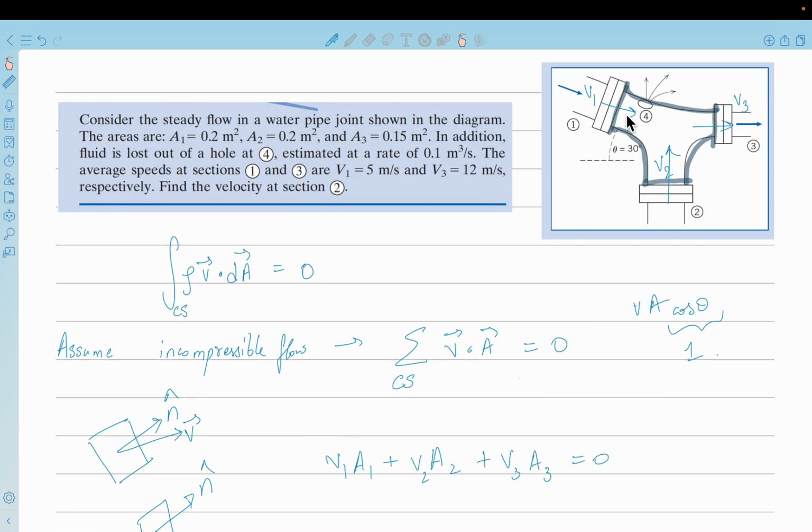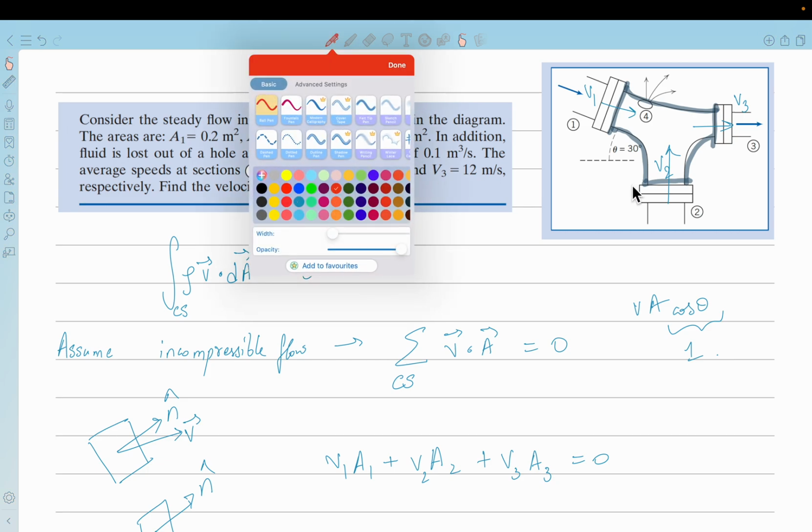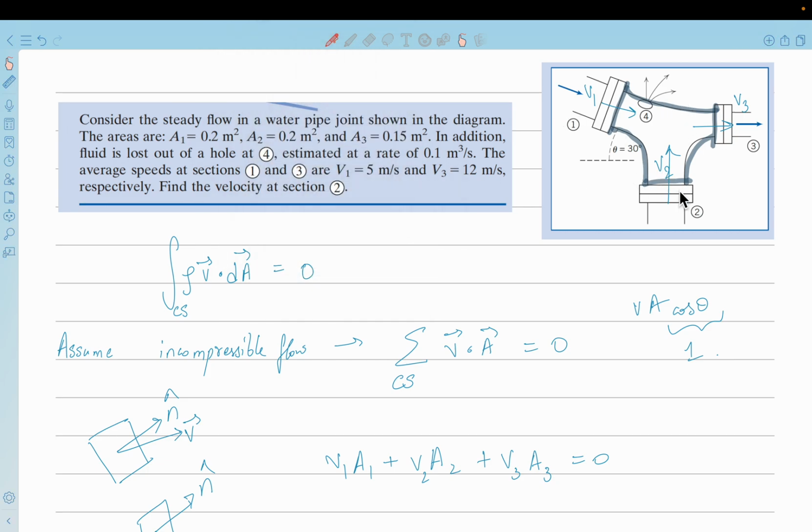And always we take n cap outwards to the surface. So in this case, if I draw the n cap, this is n2 cap, this is n3 cap, and this is the direction of n1 cap.